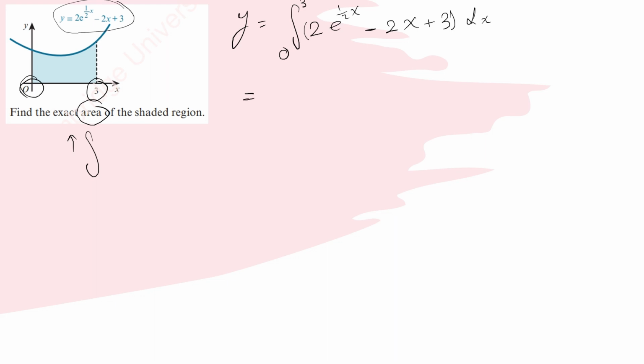It will be equal here to e power half x, and dividing by the differentiation, we will divide by half. It means 2. Okay, dividing by half fraction means times 2.